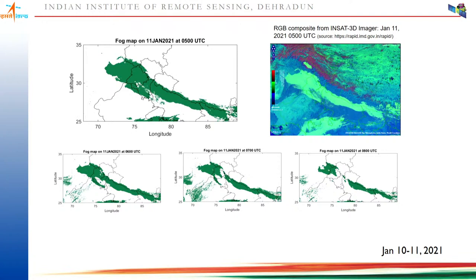In the daytime, visible bands are used for monitoring of the fog, whereas at night there is no visible band, so you have to rely on the infrared bands. A dual channel difference or brightness temperature difference method is used, that is infrared band 1 and infrared band 2. These are used in different algorithms to estimate the fog in the night time.